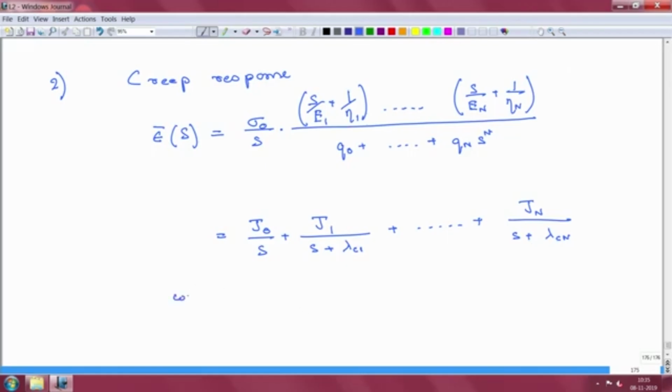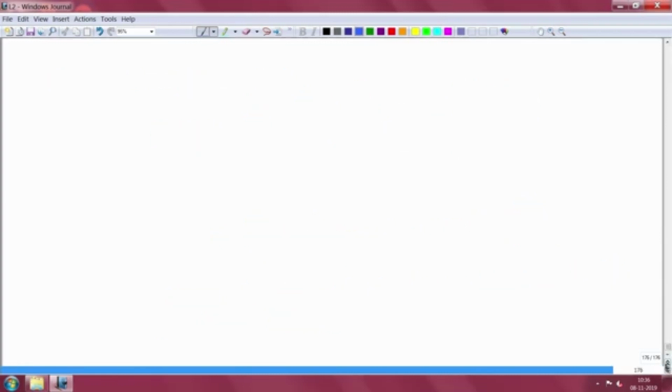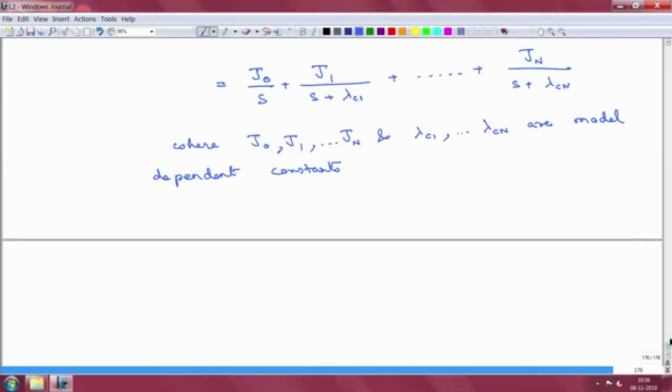Where j naught, j 1, j n and lambda c 1 are model dependent constants. So, you have to now take the Laplace inverse of this to get the creep response.